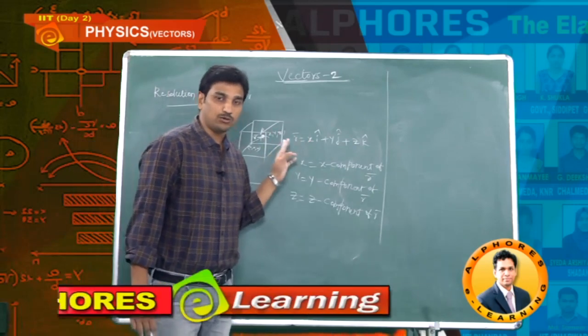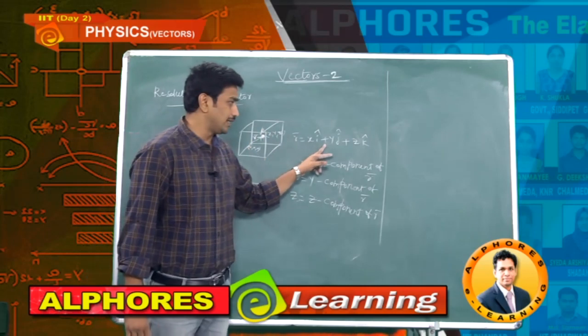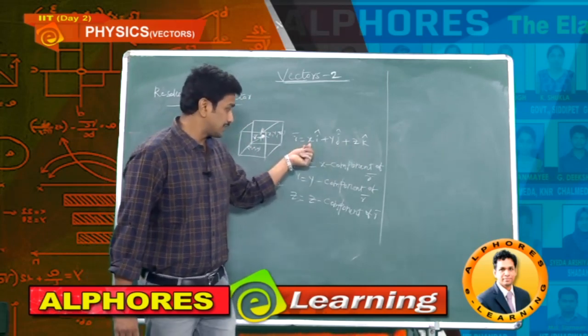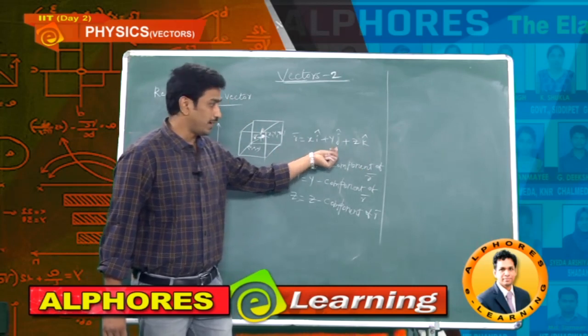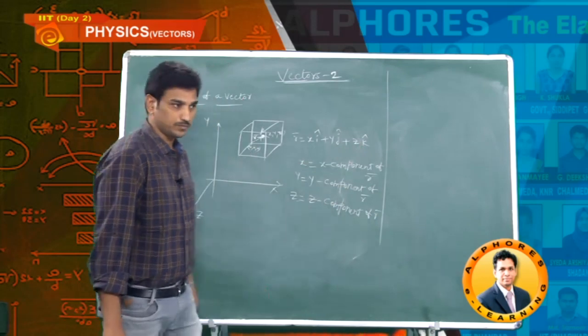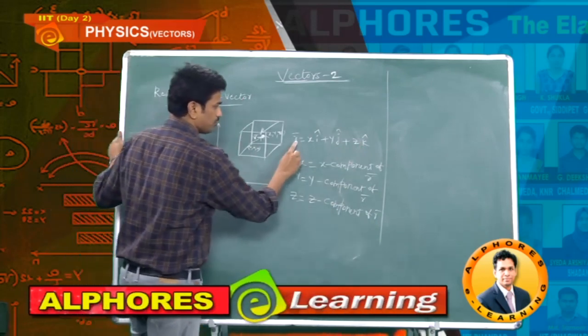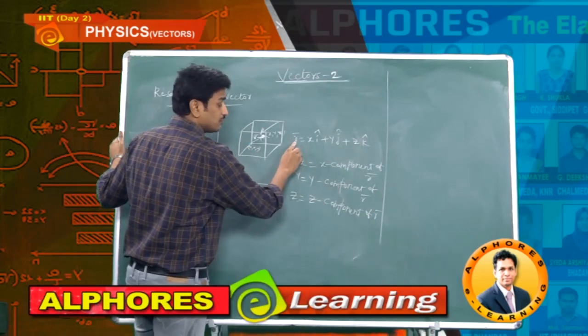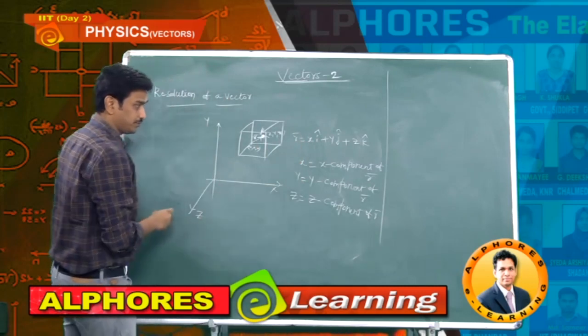We know how to represent this point in vector form: x i cap, y j cap, z k cap. Now, why is this resolution? So, the vector has 3 components: x component, y component, z component.